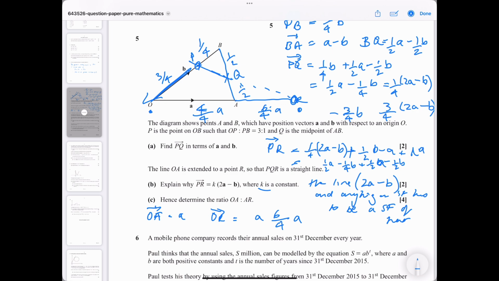Oh, hang on, why am I being so stupid? That's 1 and 1 1/2. So that would be 1 to 2. So it's 2 to 1. And I've written that all over the place. There you go.